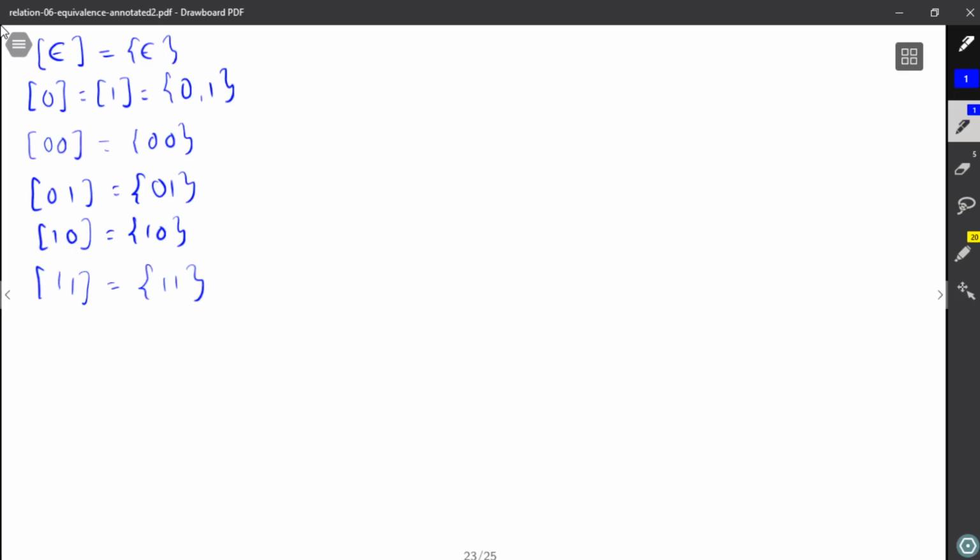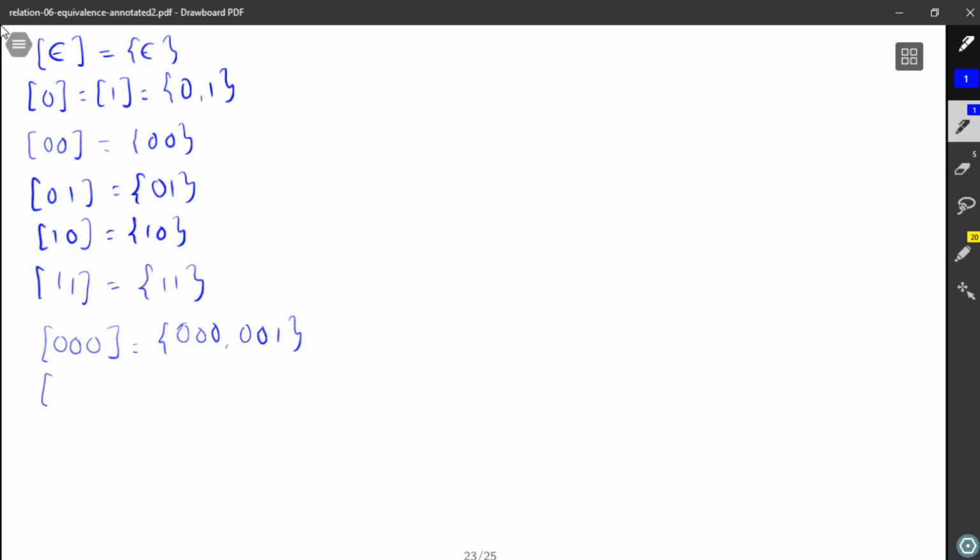Now how about bit strings of length 3? This is an example of it, and this in fact contains 000 and 001. Note that both of these strings are of length 3 and the first two bits are the same.